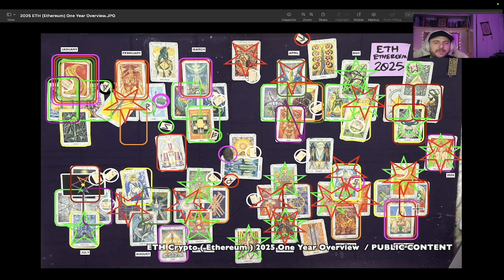So there's a peak in April within close time proximity to a prominent trough on a one-year chart scale.